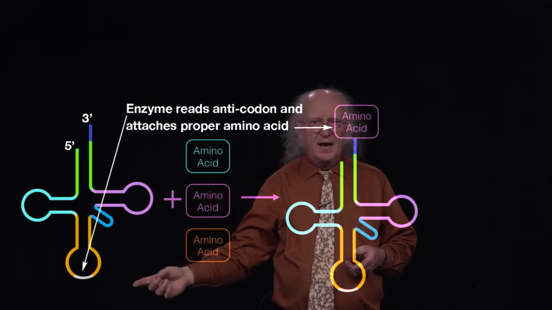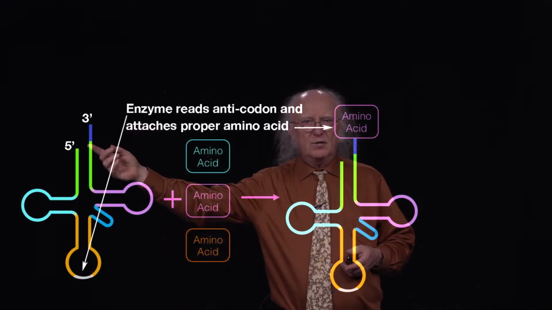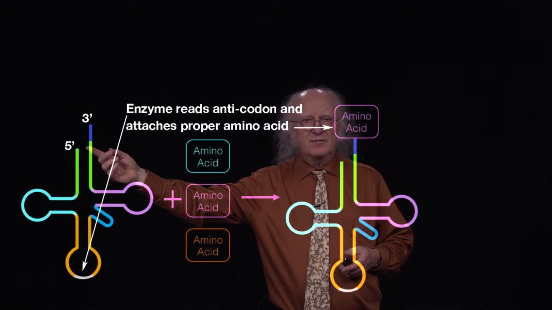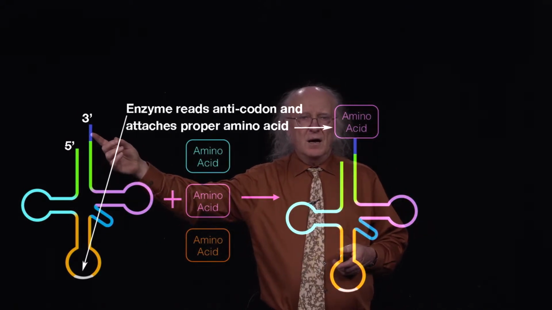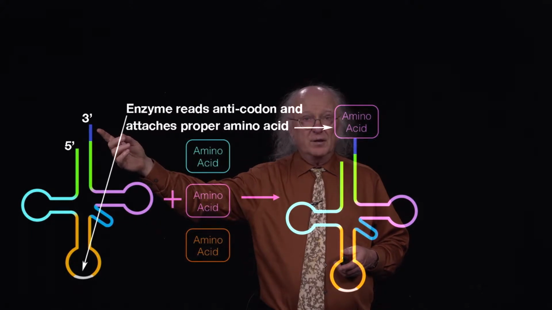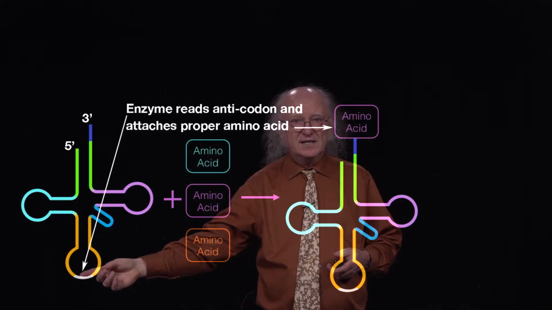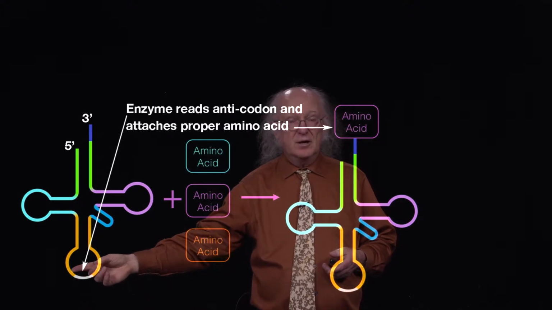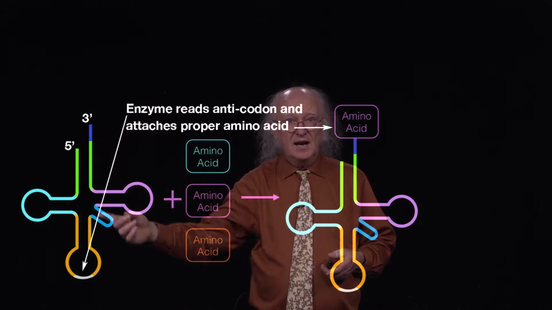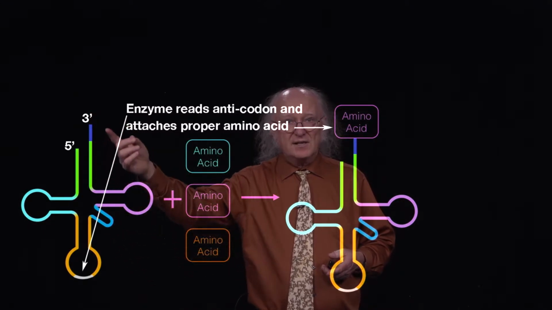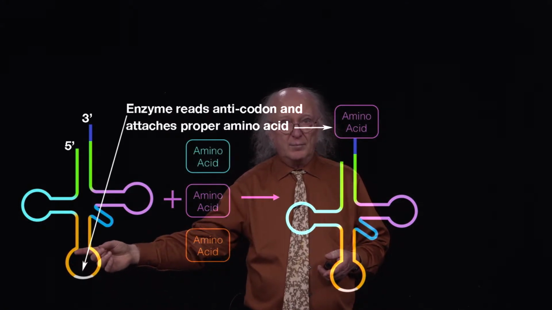It turns out that there's an enzyme that has to put the amino acid onto the 3' end of the transfer RNA. But in order for it to put the proper amino acid on here, it must also read this anticodon, because this anticodon is going to be used to tell the ribosome which amino acid is attached, and if the wrong amino acid gets attached based on the anticodon, then translation won't occur properly.